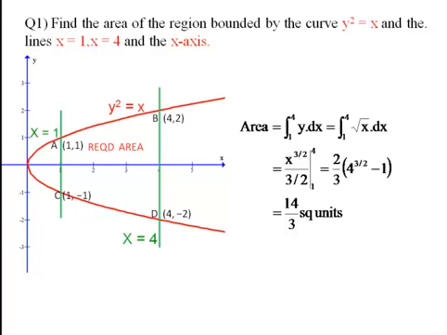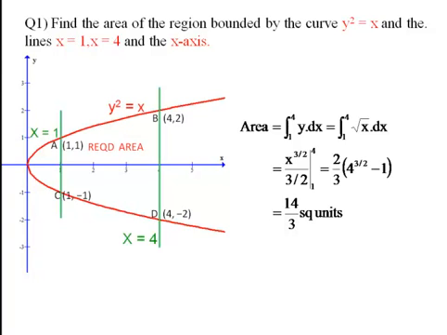Remember, if in this particular question we had been asked for the area between the curve y square is equal to x, x equal to 1 and x equal to 4, and the x-axis was not written, then this lower portion would also be included, and we would have got twice of this area, because symmetry is very commonly utilized in areas.